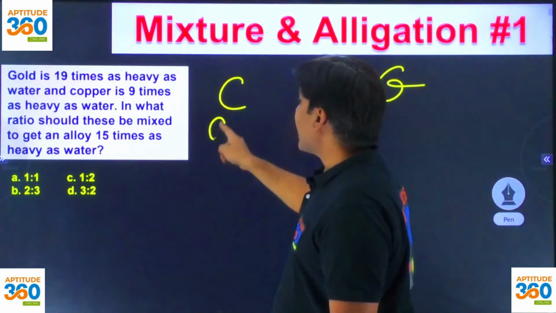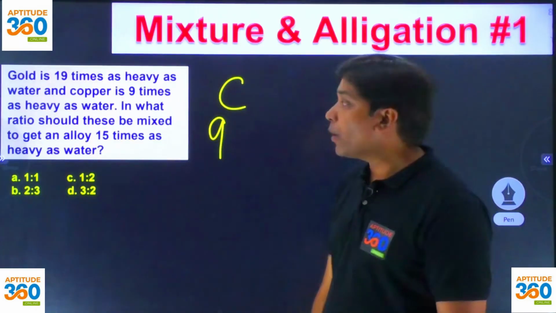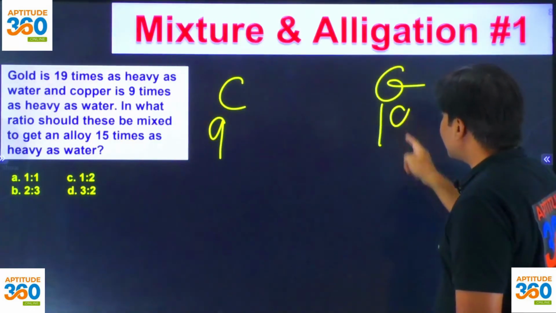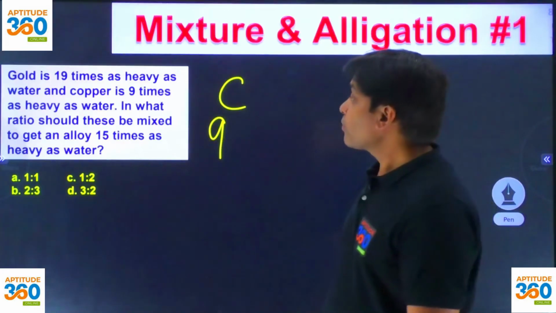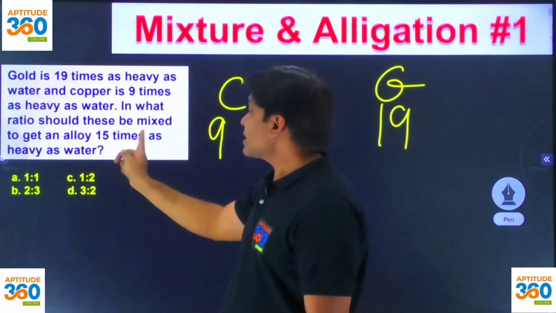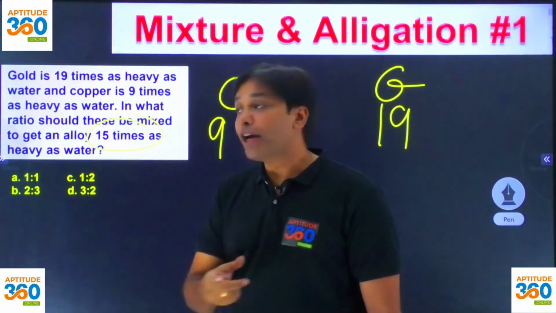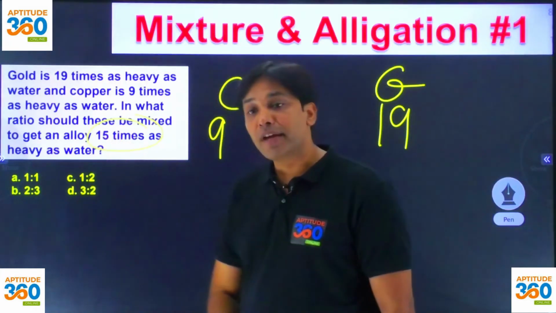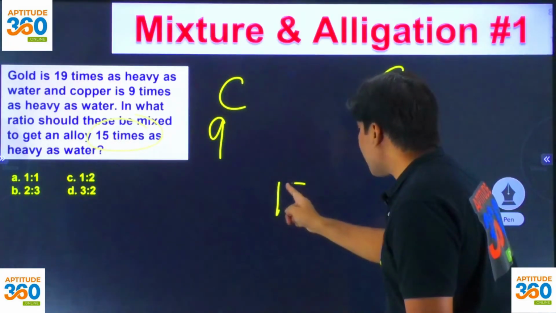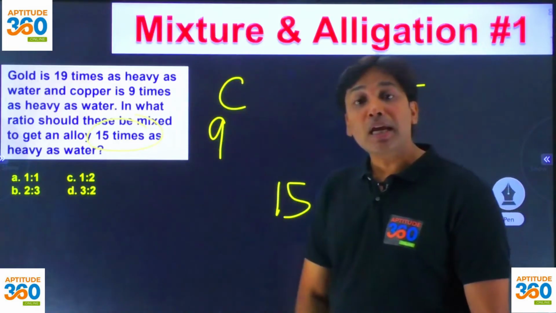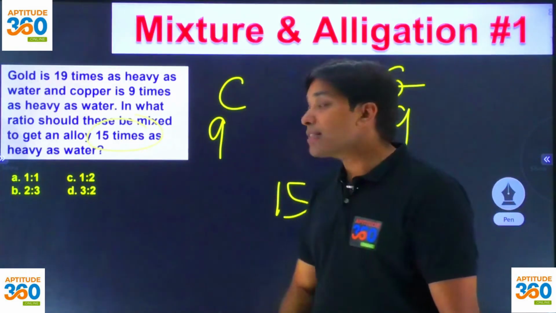Copper is 9 times as heavy as water, whereas gold is 19 times as heavy as water. In what ratio we should be mixing them so that the alloy is 15 times as heavy as water? So this mixture out here, this alloy is going to be 15 times as heavy as water.